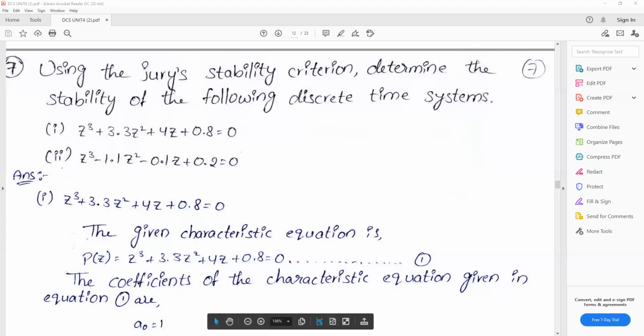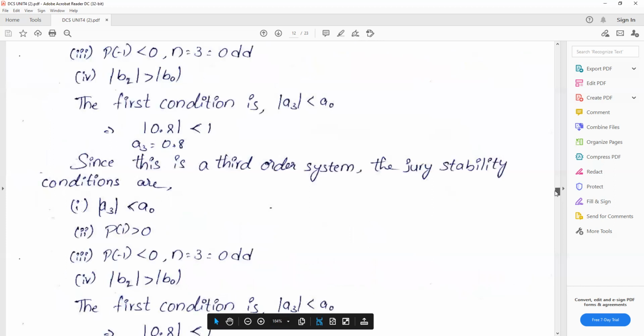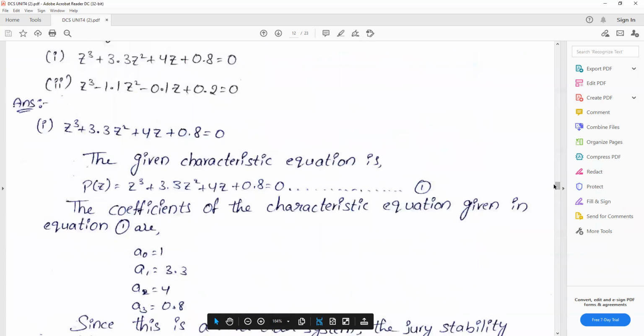First, the given characteristic equation is z power 3 plus 3.3 z square plus 4z plus 0.8 equal to 0. This is compared with a naught z power n plus a1 z square plus a2 z plus a3 equal to 0.